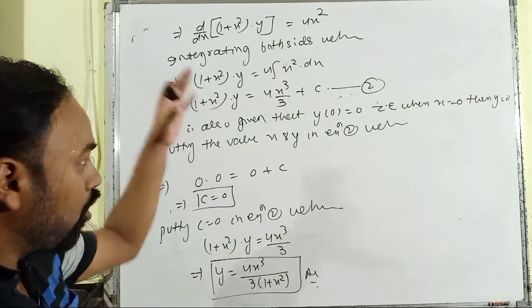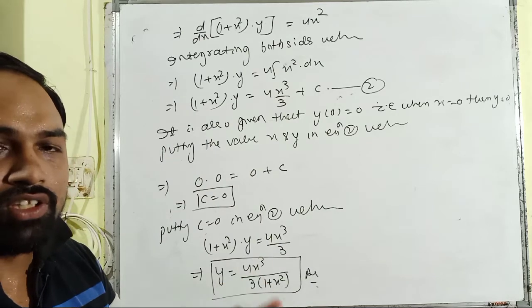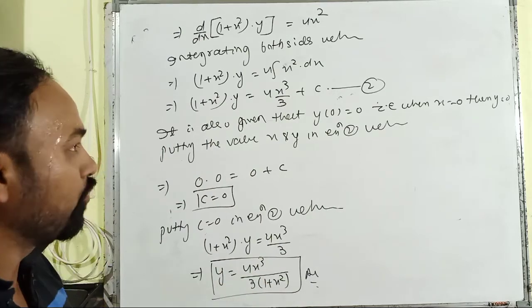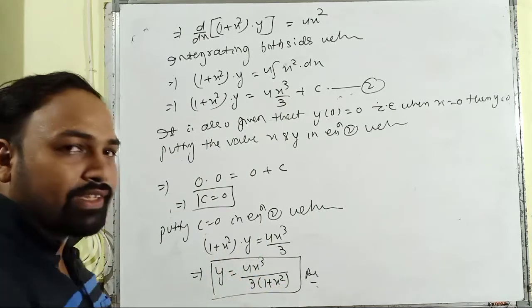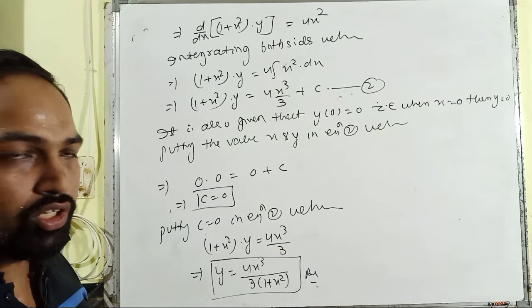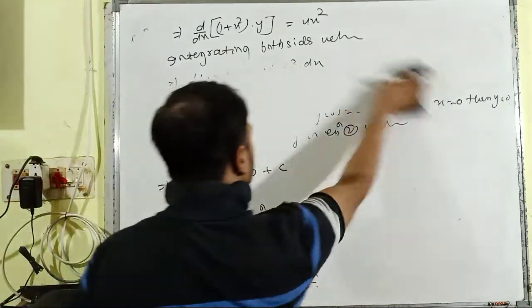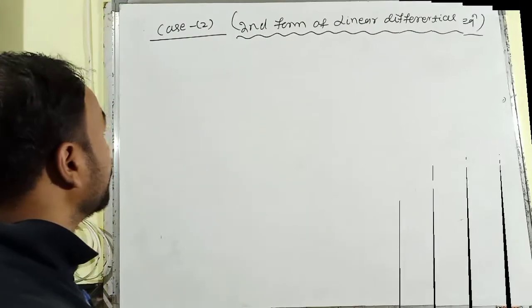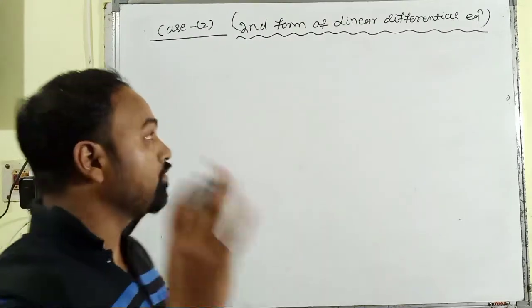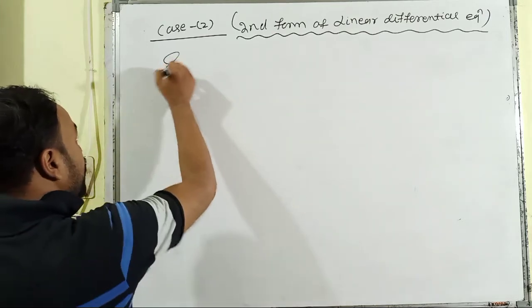And all of the 3 problems are based upon the first form of a linear differential equation. Then moving towards the second form of a linear differential equation, and you can say that this is the case number 2. So let us go through the second form of a linear differential equation.